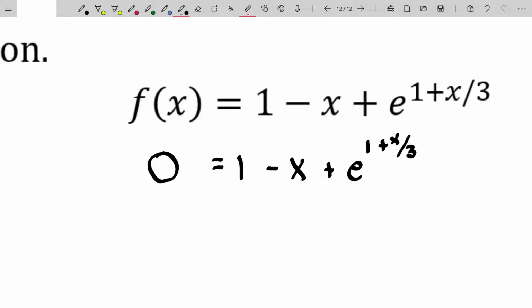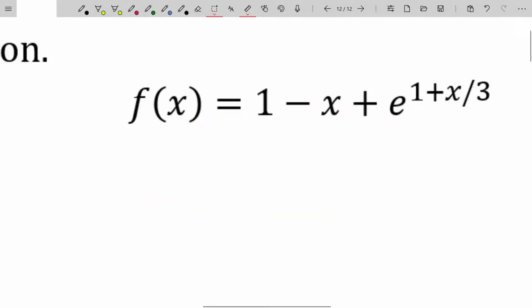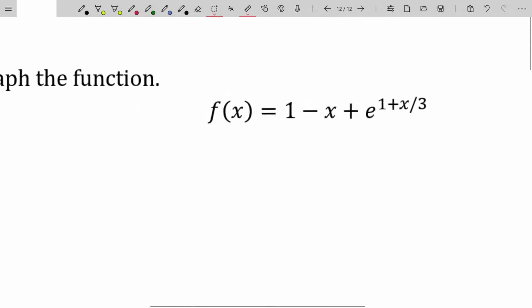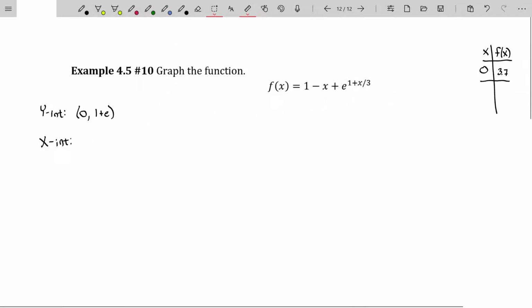So in this case, there's just no way you could really get a good value of what the x-intercept is. As I would normally tell my students, if it's impossible to really compute it analytically by hand, then you can skip it. So in this case, I'll just skip finding the x-intercepts. It is possible, you can totally do it using Newton's method, but I'm not going to showcase that right now. Maybe I'll include this example in my lecture video on Newton's method in the future, but I'll just say too hard.